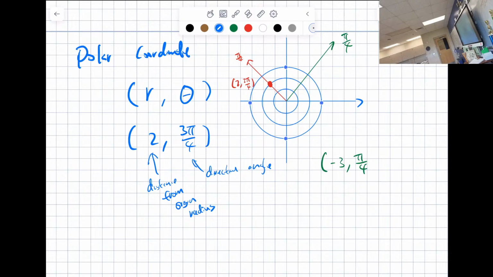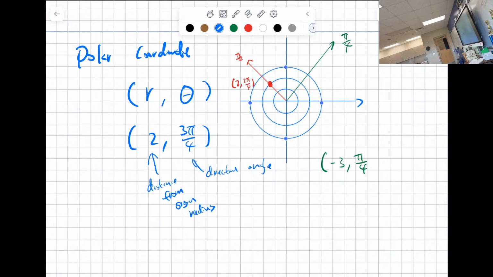Easy. You have to choose a negative r and you have to choose a negative theta. Just give me 2. Actually, you can give me 3.